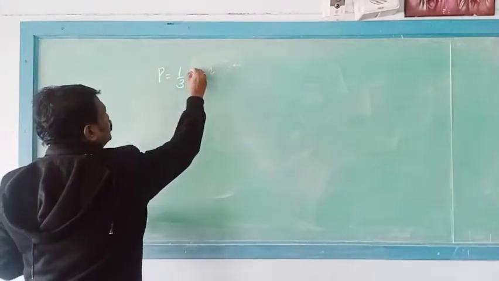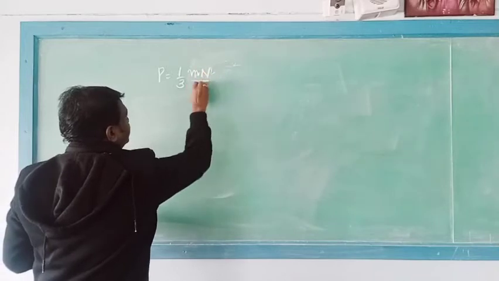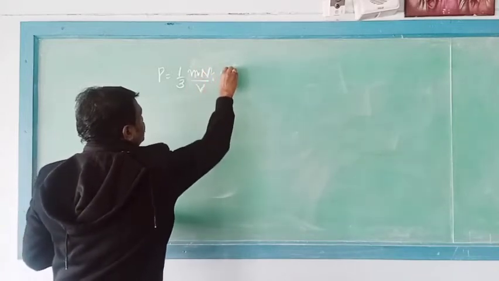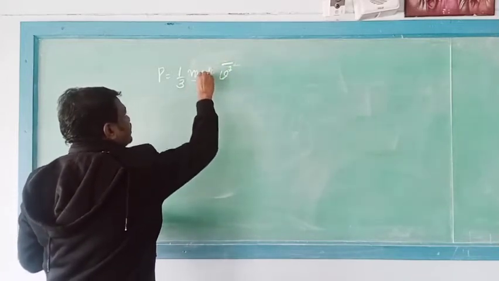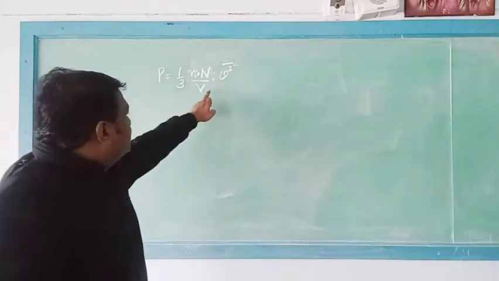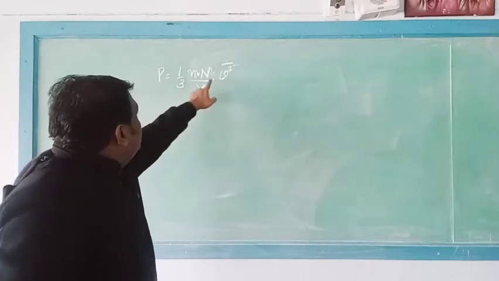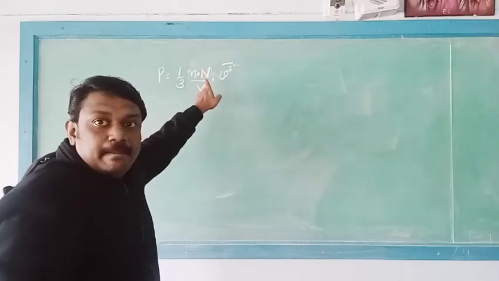P is equal to m N divided by V into V square average, where N is the Avogadro number. From that it is clear that we have taken 1 mole of gas, so in 1 mole of gas there are N number of particles.